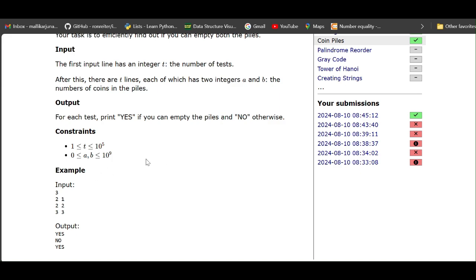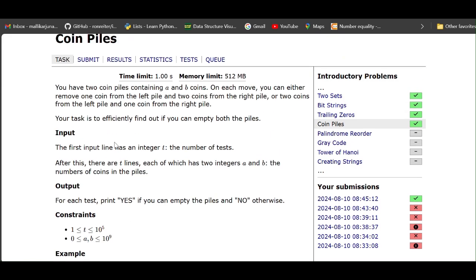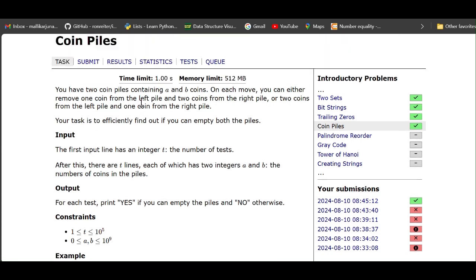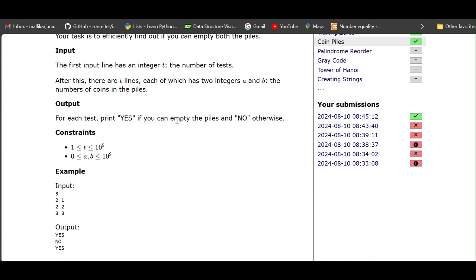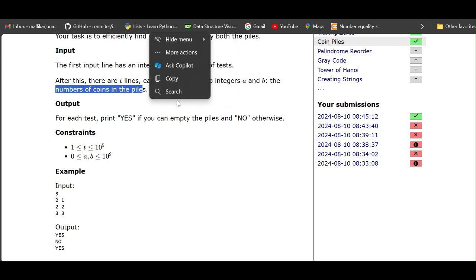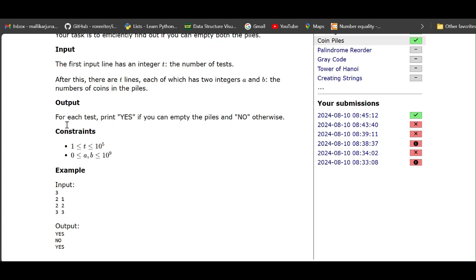So let us see how we can solve this question. The input is like this: we have to take an integer t, which is nothing but the number of test cases, and then we have to read a and b integers, which tell the number of coins in pile A and pile B, right?